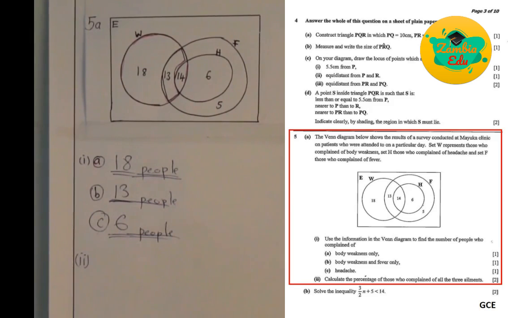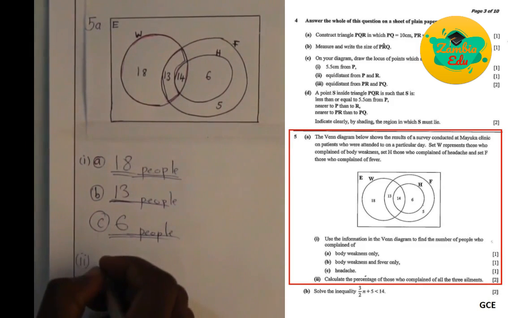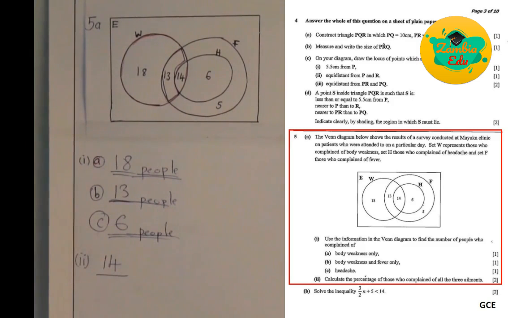Now, for you to be able to calculate the percentage, first and foremost, you need to know which number represents those that complained of all the 3 ailments. It's 14 over what was the total number of people who were attended to on that particular day.